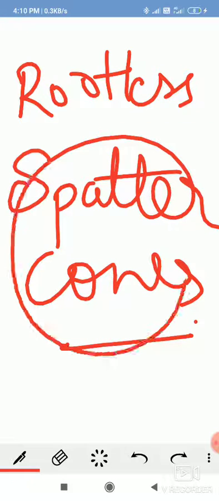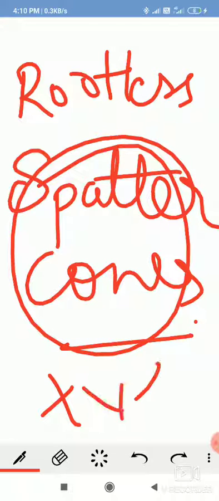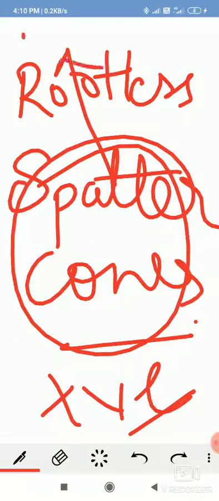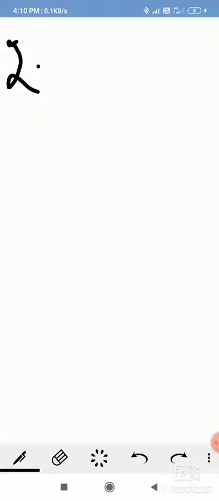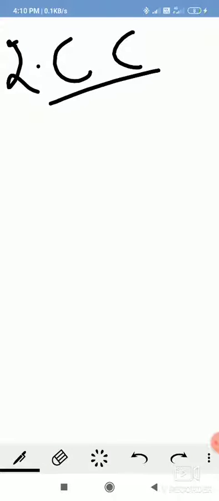Spatter cone is also a positive relief feature, right? These are formed where there are breaks, where the lava cools down and there are breaks due to the pressure of the gases. Now the next relief feature is cinder cones, which I've already discussed in one of my videos.